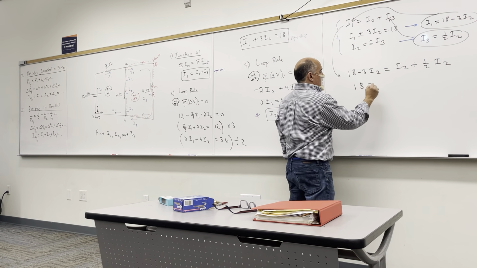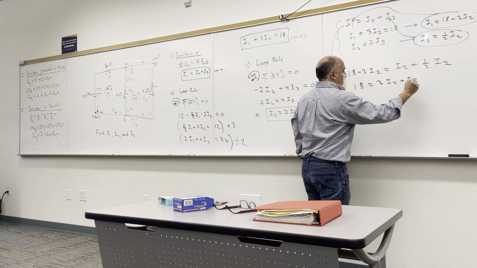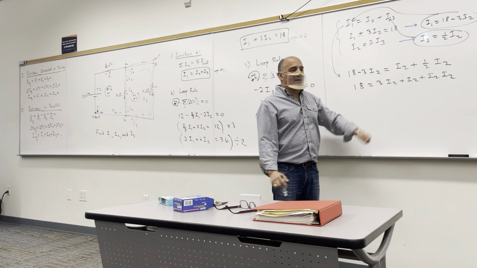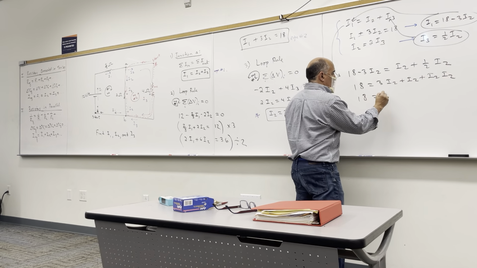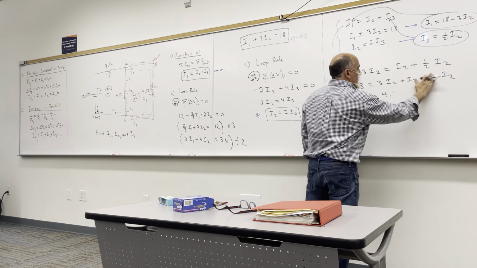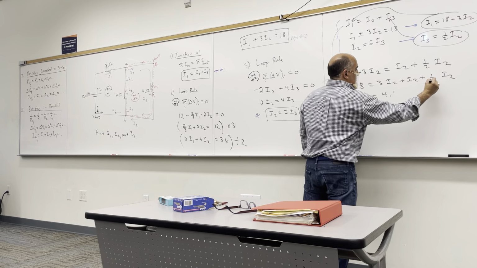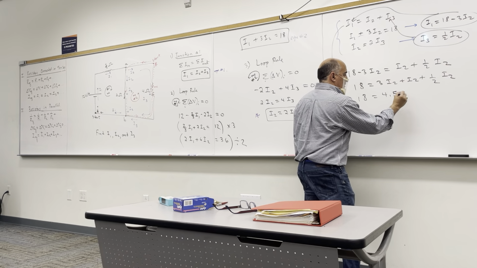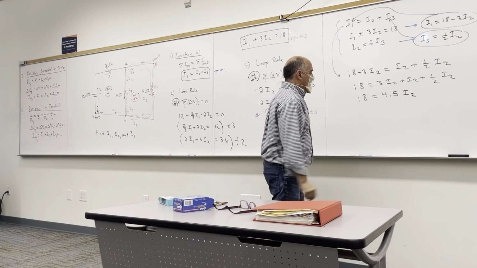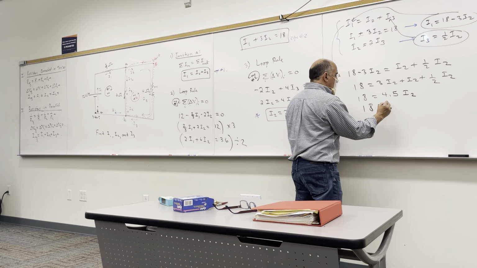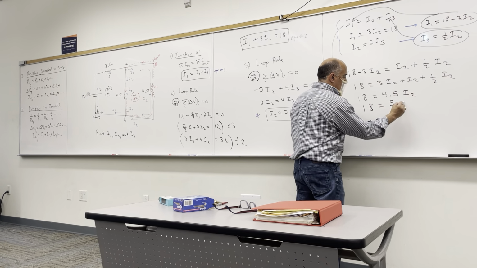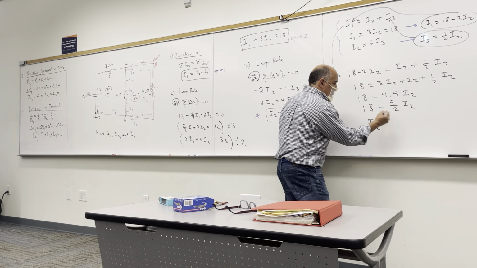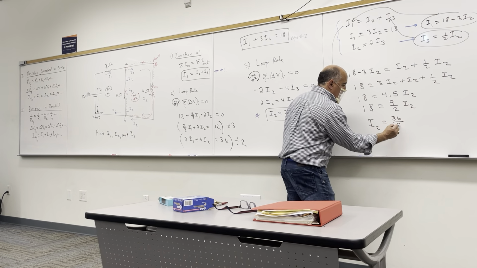So 18 equals 3I2 plus I2 plus 1/2 of I2. So 3 and 1 is 4, this is 4.5 I2. That's the same as 9/2 I2. So therefore, I2 equals 18 times 2 is 36 divided by 9.